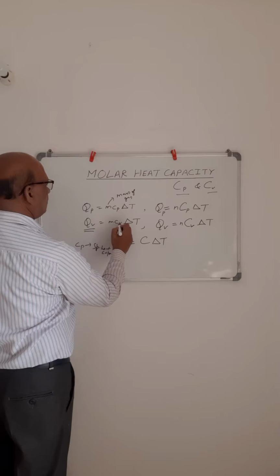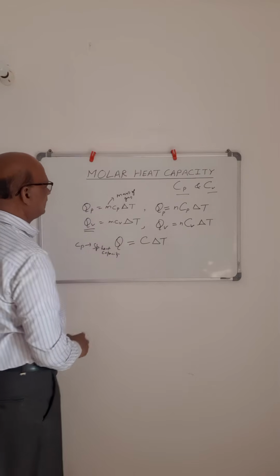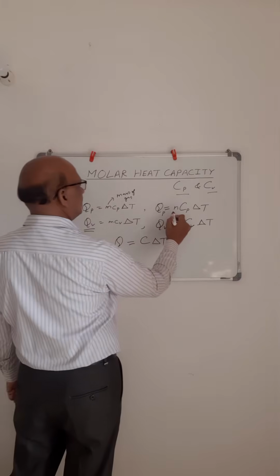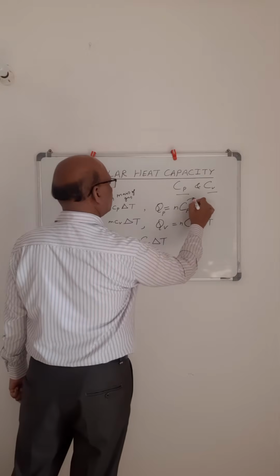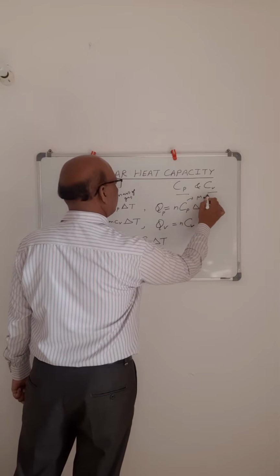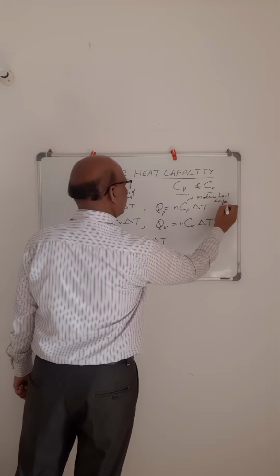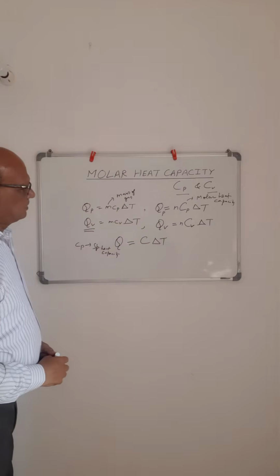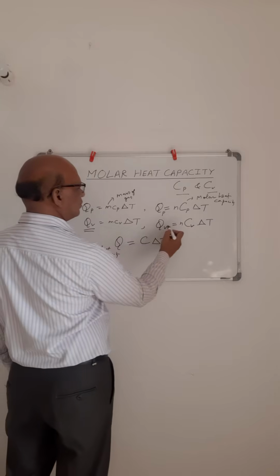mass of the gas, cv is the specific heat at constant volume and delta T is the rise in temperature of the gas. Okay, and here we have written n Cp delta T. Here Cp is the molar heat capacity at constant pressure and n is the number of moles of the gas taken, and similarly Qv is the heat supplied at constant volume.